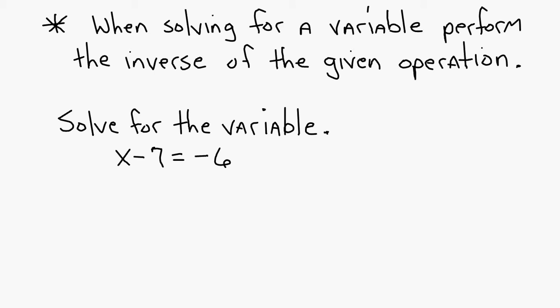The given operation is what's being done to the variable. So in this case, what is the given operation? X minus 7. What's minus? Is that addition, subtraction, multiplication, or division? It's subtraction, right? What's the inverse of subtraction? Addition. So you are going to add 7 to each side of the equal sign.